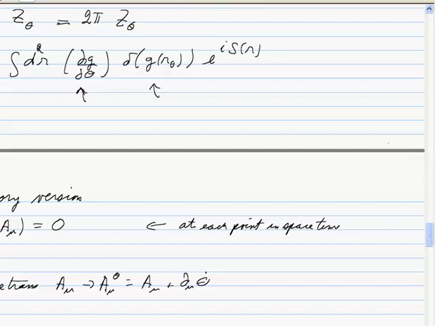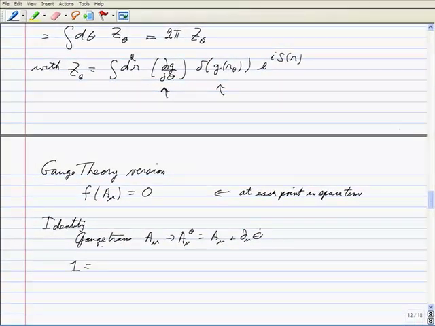And if we want to factor out that gauge direction, we'll want the identity to be 1 is the integral d theta, so there's 1 at each point in space-time.